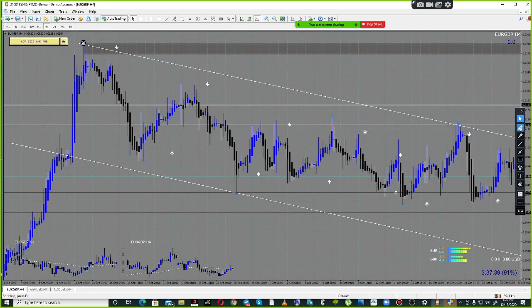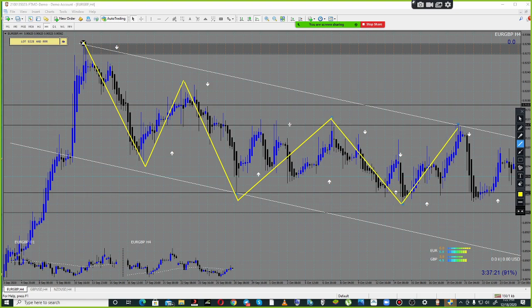So what I do is identify this impulse move and correction, and I look for a sell. Impulse move, correction, I look for a sell. Understand what I'm saying? The key is to trade the correction in the market. If you trade the correction, you'll be okay.